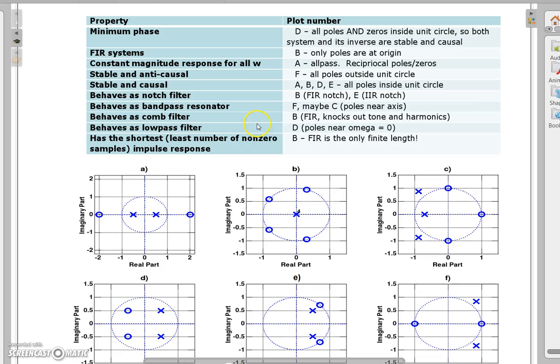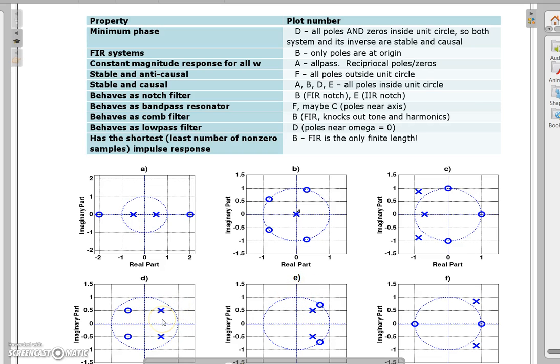Okay, low pass filter, what we're looking for here is something that has a high response near omega equals 0, which is this point. So this of course is all pass. This, we have a zero, so that's definitely not a low pass. Same here. This was a notch.